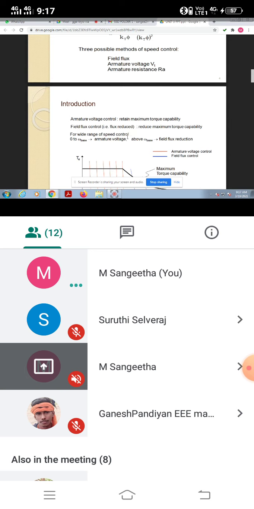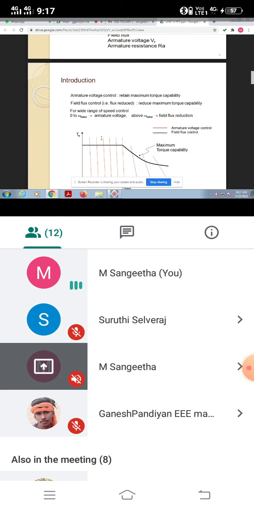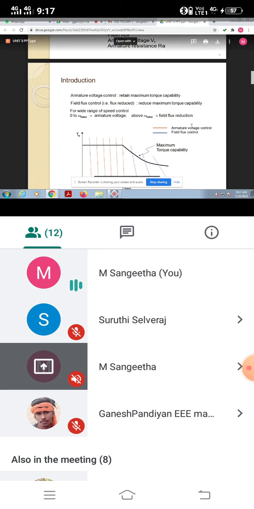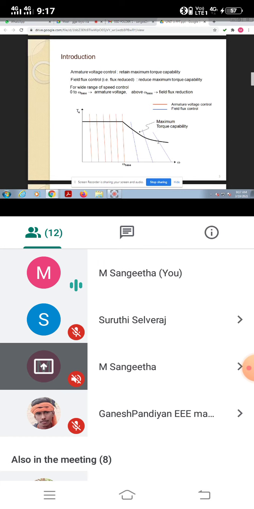This is the indirect correlation between armature voltage control and field flux control in the design properties. Then the limit and range of armature voltage control and field flux control according to their running condition: the red line represents gradual retention of torque capability, and the blue mark, field flux control, shows reduced maximum torque capability.